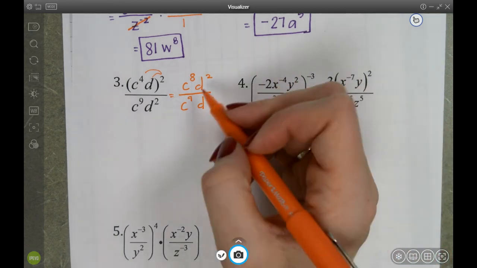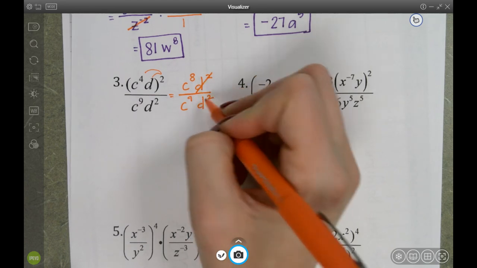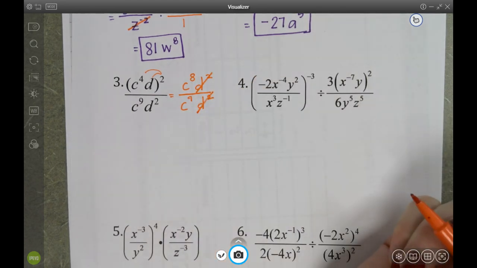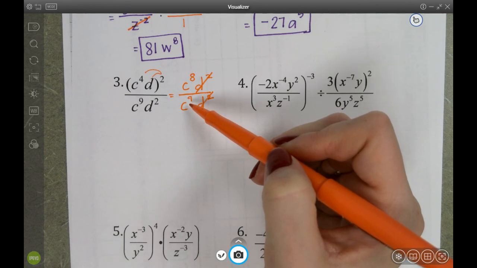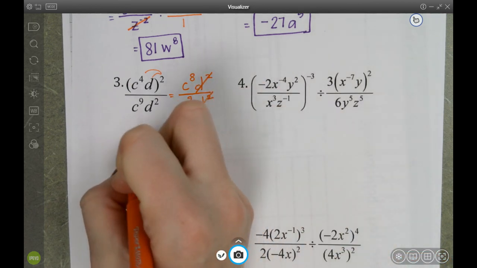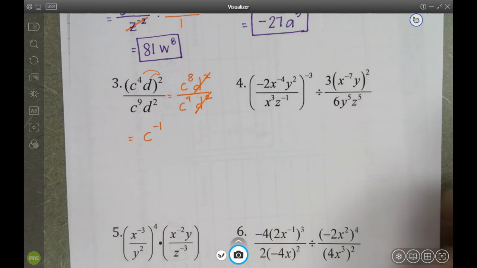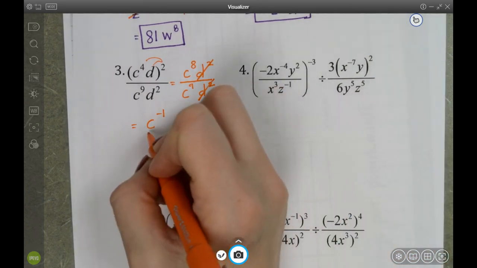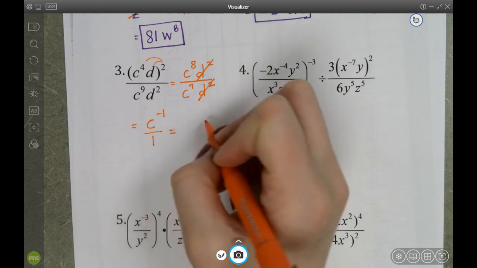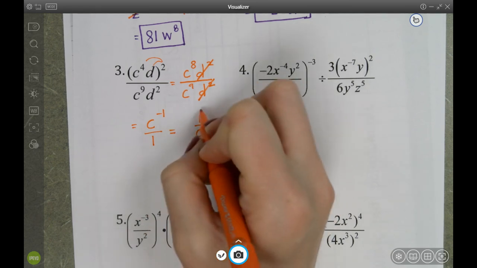Again, you have the same thing in the top and the bottom, so those are going to cancel. What is 8 minus 9? Negative 1. Can you have a negative exponent in your answer? Nope. So we're going to move it to the bottom of the fraction and make this 1 over c.